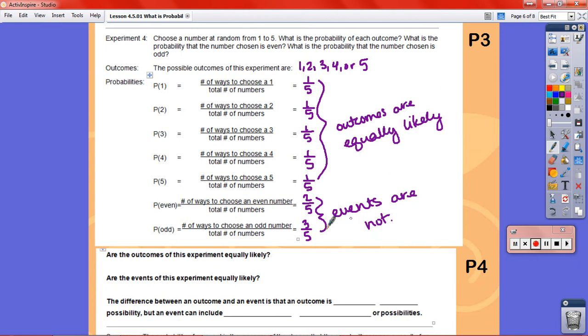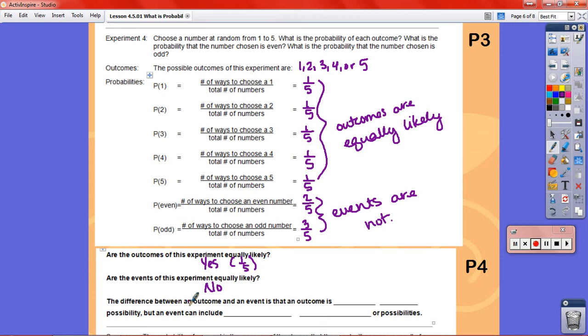So just answer these questions here. Are the outcomes of this experiment equally likely? Well, yes. They all have a 1 out of 5 chance. The events, though, are not all equally likely. You have 2/5 for an even number, 3/5 for an odd number, and 1/5 for just a given number, because it's also an event.